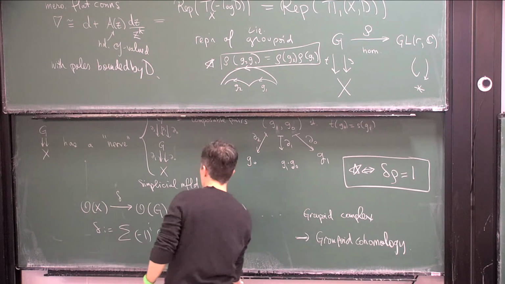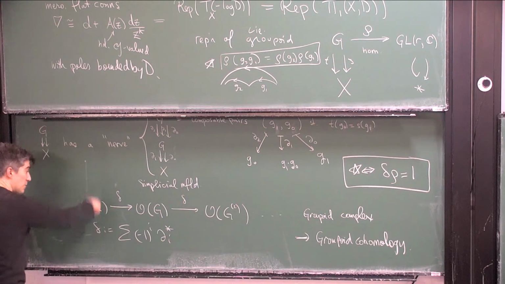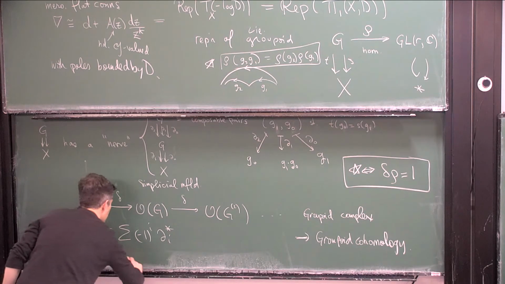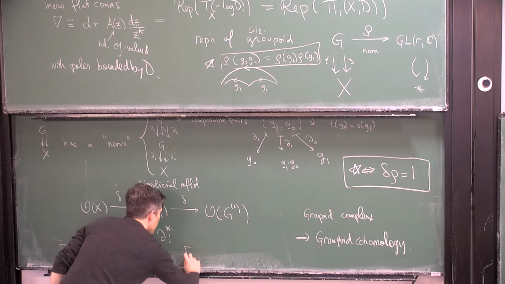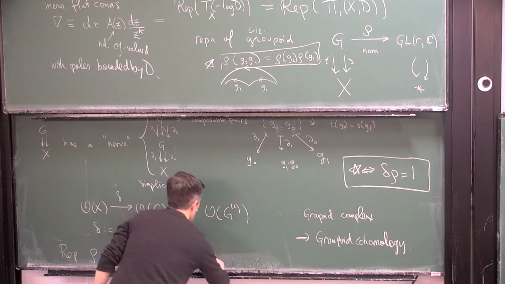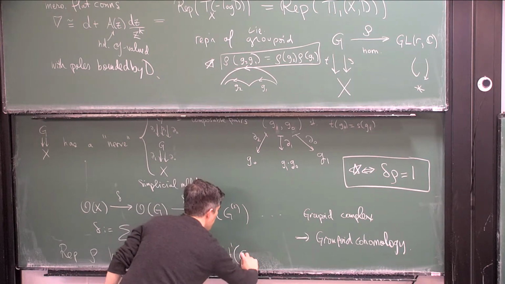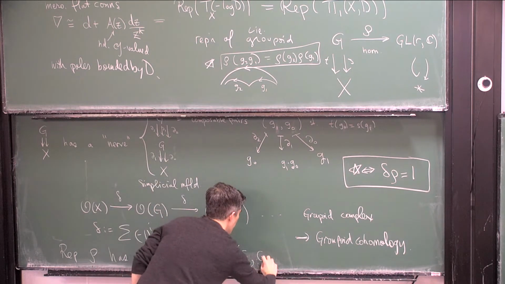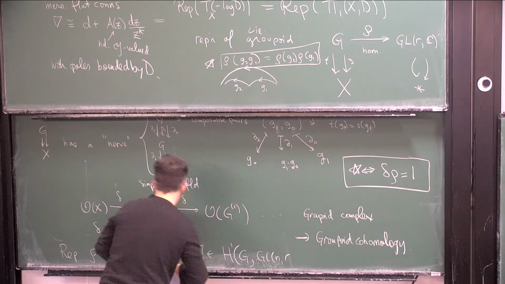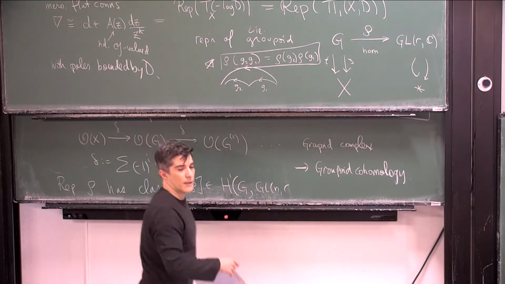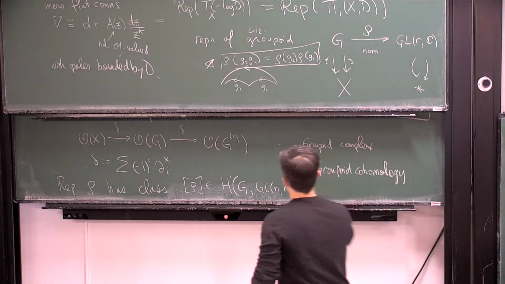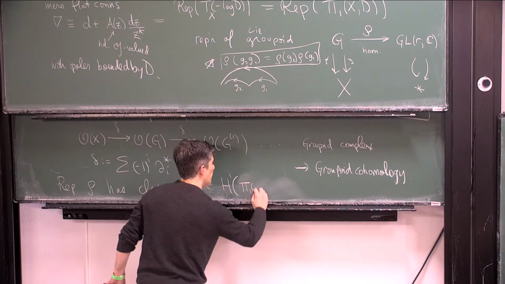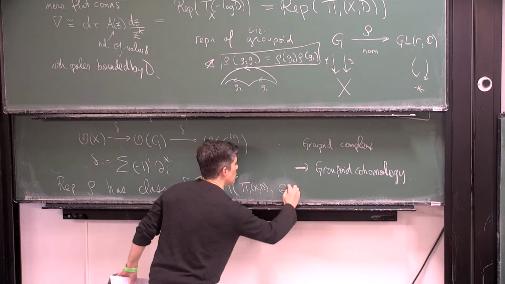So this means that the final outcome of this board is that the representation rho has a class of rho, which is in the first groupoid cohomology with coefficients in the group, in GL. Actually, let me change the general G back to the actual groupoid that I'm interested in, pi 1 xd with coefficients in GLRC.